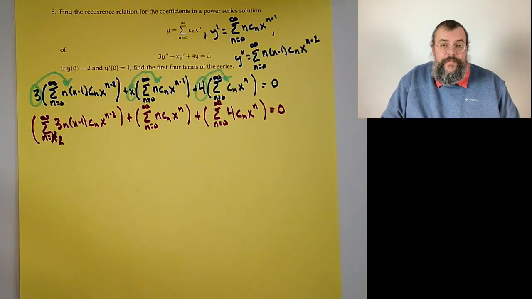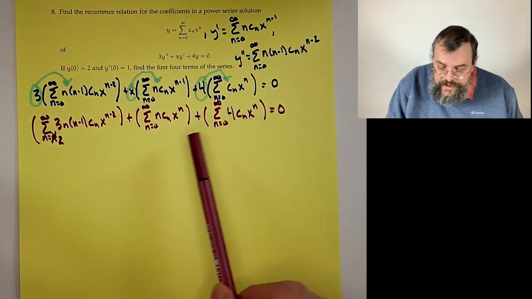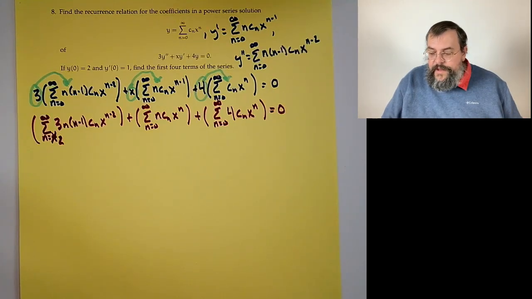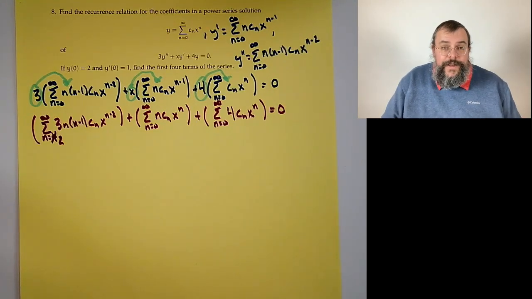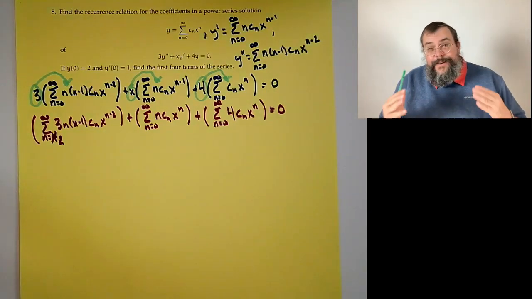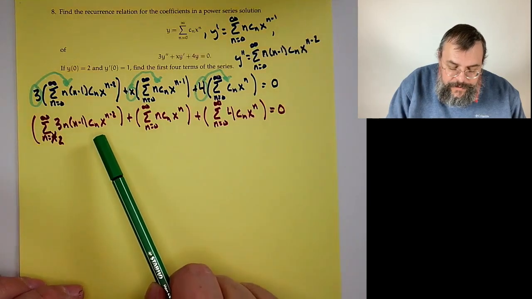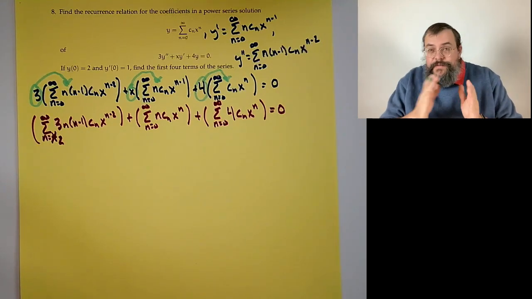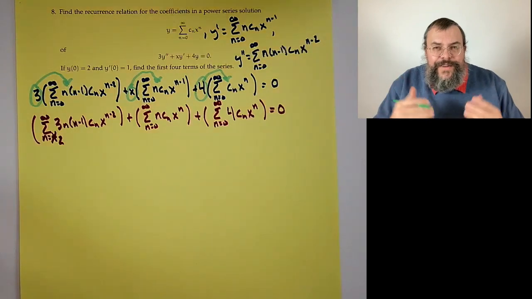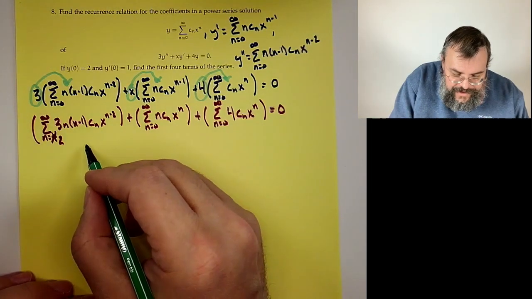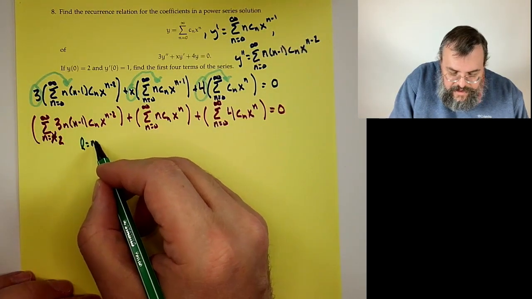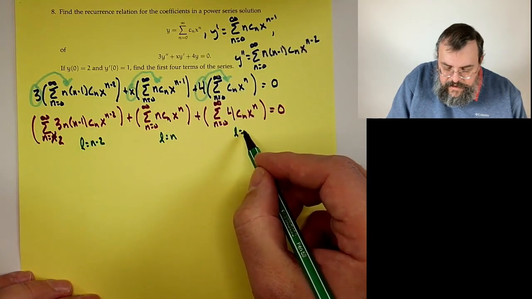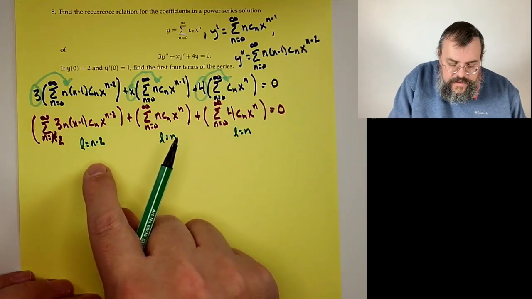All right. Now, these look pretty good, x to the n. I like x to the n. It's something I feel comfortable with. This is x to the n minus 2. I don't like that. So what I want to do is have all the powers match. So I'm going to do some re-indexing, shifting if you like, substitution. There's lots of ways to call this. Here, I'll do something I call L equals n minus 2. And for these other ones, we'll just leave them as they are.